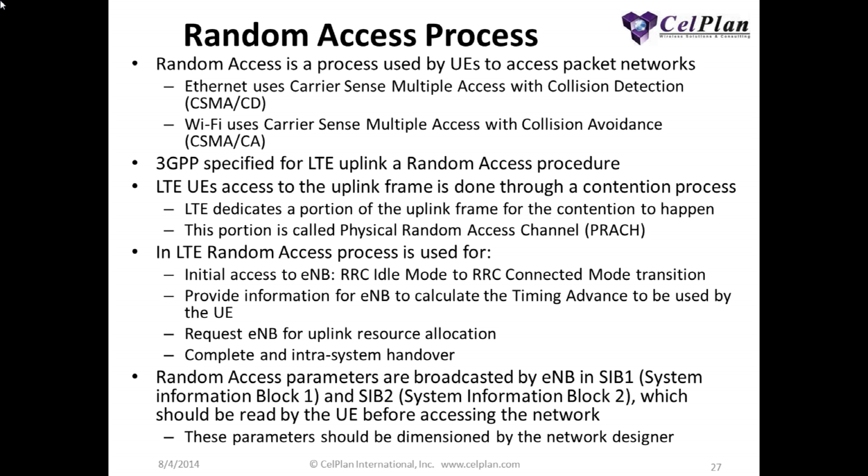Well, any packet network has a random access procedure. In Ethernet we use carrier sense multiple access with collision detection. In Wi-Fi we use carrier sense multiple access with collision avoidance.